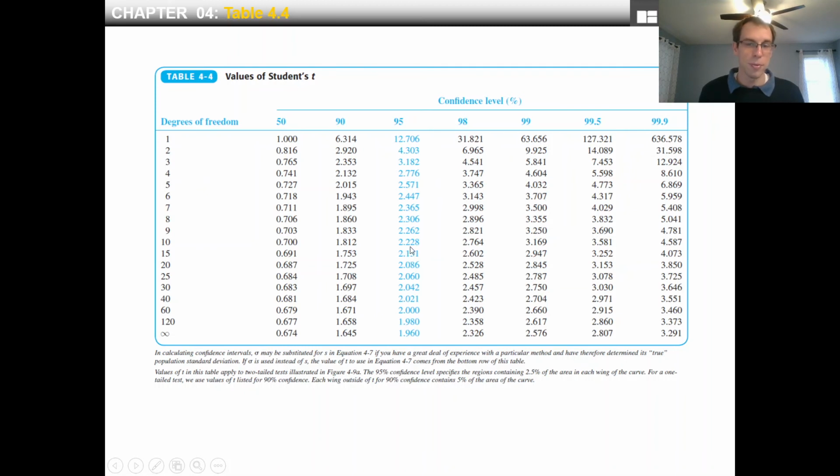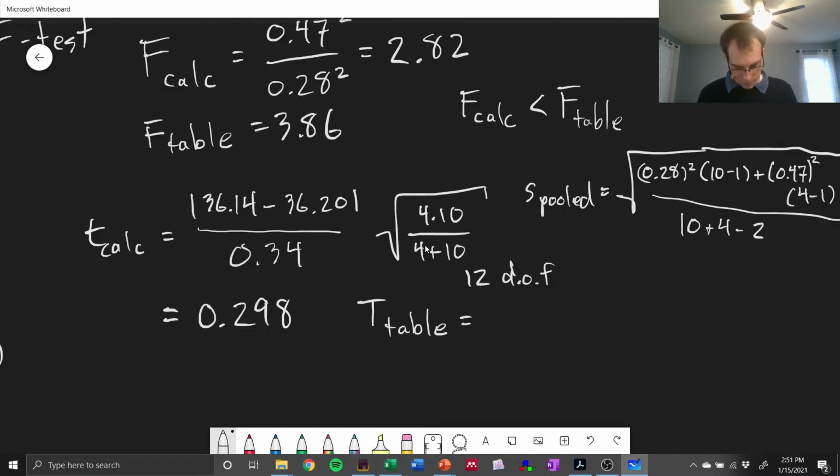So maybe it's about 2.2, something like that. If it was closer, it would matter, but in this case, it doesn't particularly matter that we have it exactly. So 2.2, we know that 0.298 is less than 2.2, so the results agree with each other.